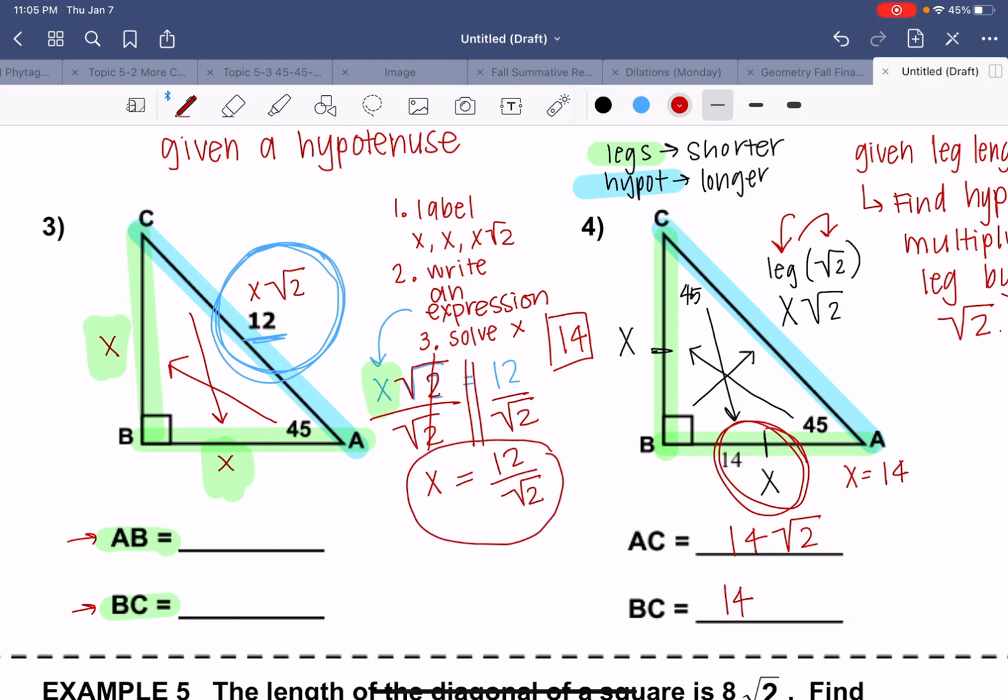Now, we should be rationalizing this fraction, but we're not going to take it that step further. Coach C is going to take it as is right here, just like that. Okay, so your answer to the legs will always be the same because they're legs, and the legs of the triangle in this scenario are always going to be congruent. So both of your answers are 12 divided by the square root of 2.